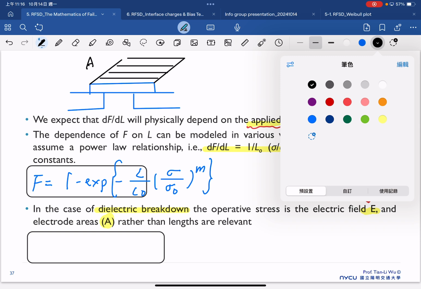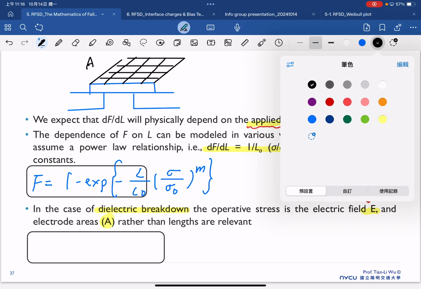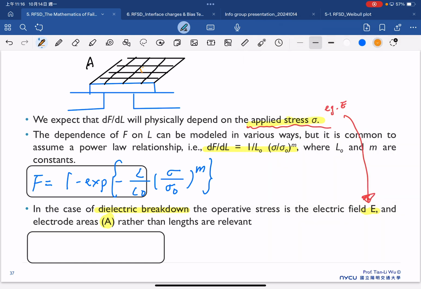Then we can divide this big area into a smaller area, which we can consider as A0 here.